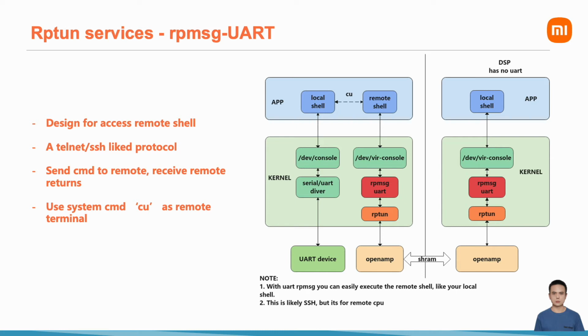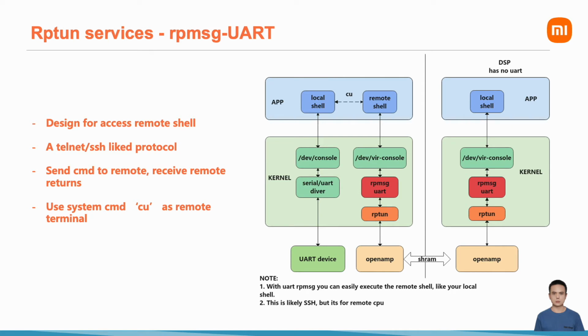Let's see the picture. If the main CPU has a physical UART connected with a local shell, and a DSP has no physical UART but it has a shell, and the user wants to operate the DSP shell.